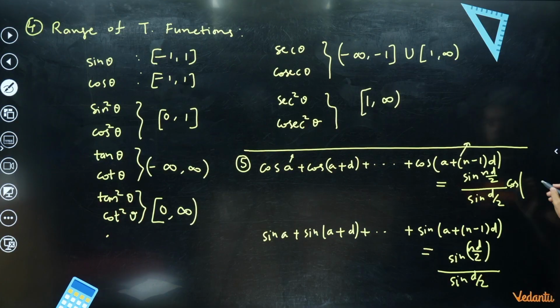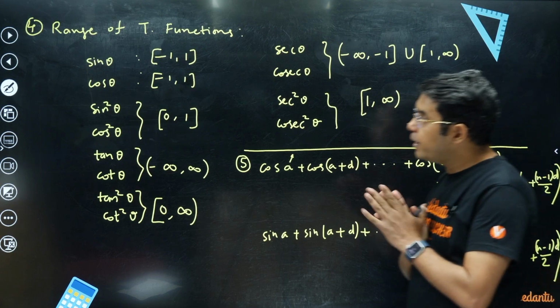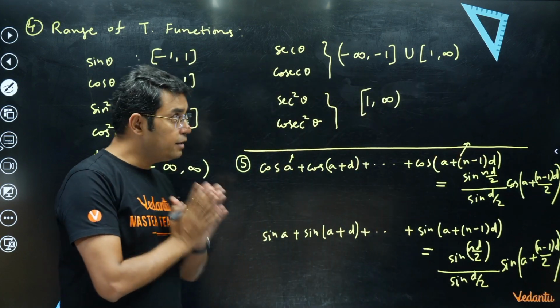So I can write this as cos of A plus n minus 1 into d by 2. Is it visible? Yeah. First angle plus last angle by 2, the mean of that thing. In case of sine, it will be sine, same thing, A plus n minus 1 into d by 2. Okay, so these are the results that I expect you to know before solving these questions, which I am going to discuss now.